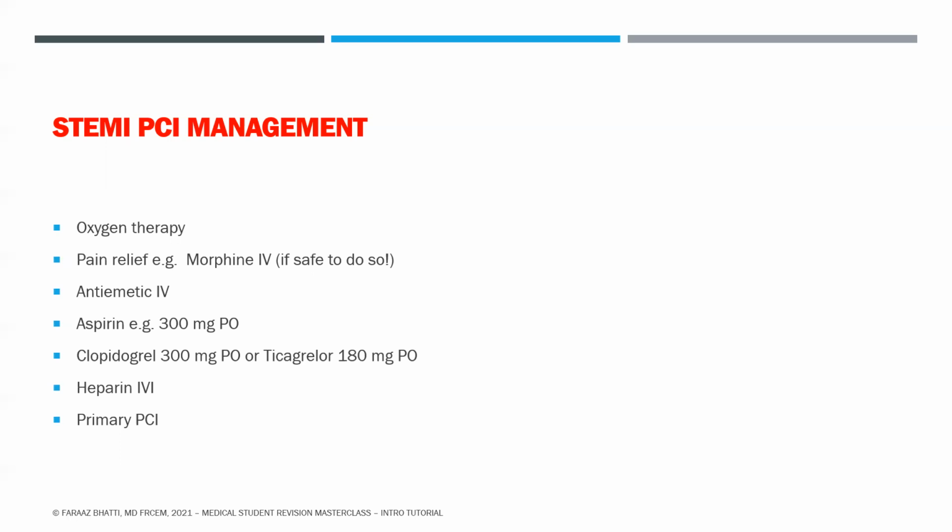And this is for the non-inferior MIs. Obviously, as I have emphasized with the inferior MIs, you don't want to give morphine. And on this list, you would also give patients nitrates, such as GTN.